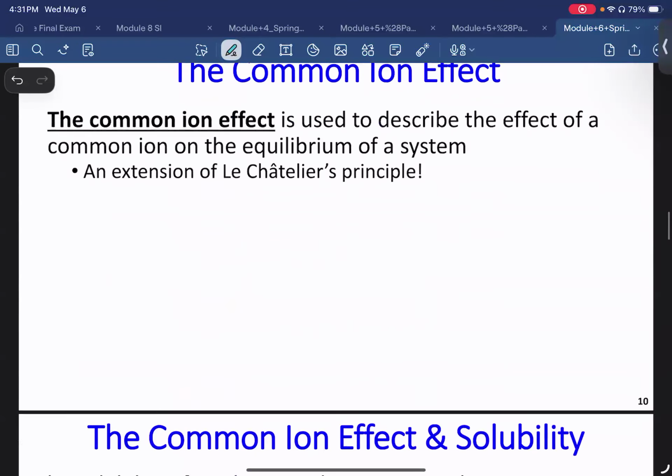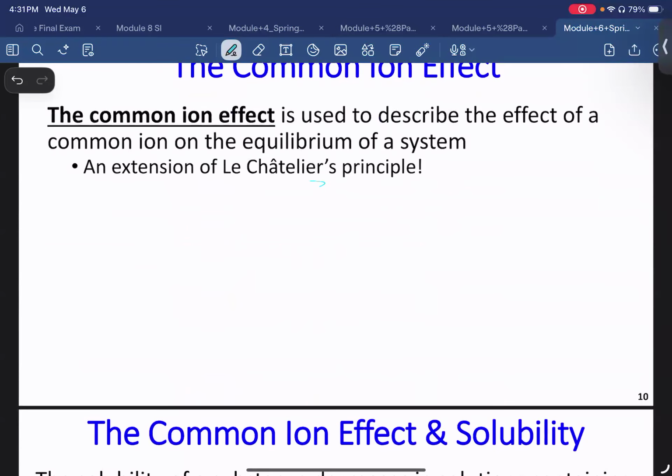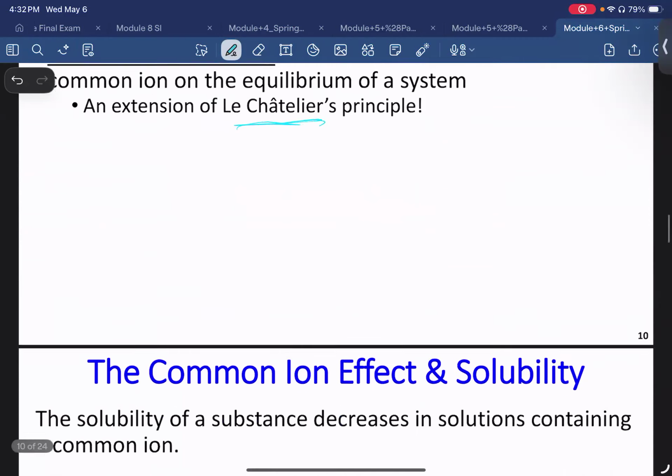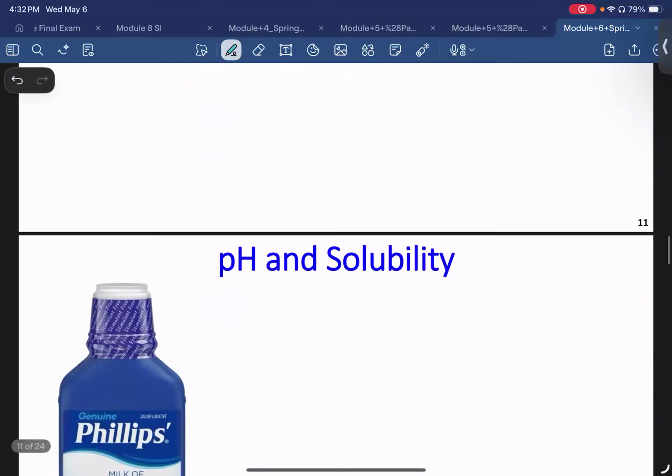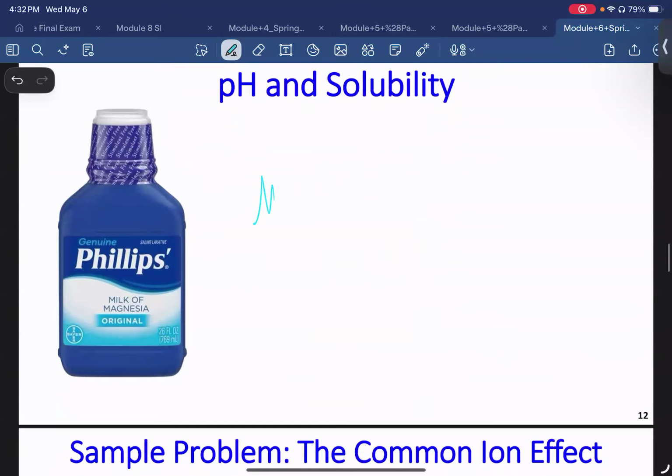And then the common ion effect is very similar to Le Chatelier's principle. The idea is that if you add a common ion, or some kind of ion that will affect the reaction, that's also going to cause the reaction to shift one way or the other. So an example is Mg hydroxide, right?